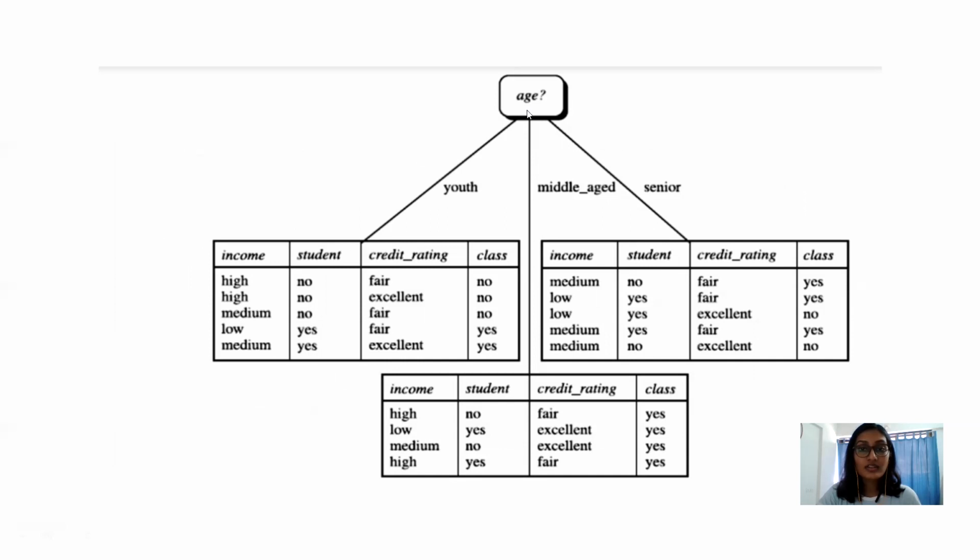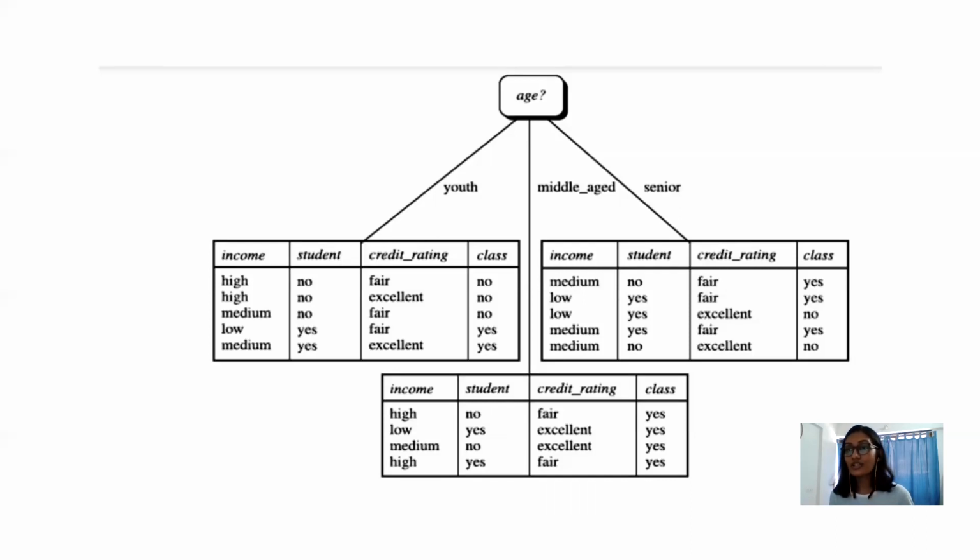And after dividing and splitting age into youth, middle-aged, and senior, we have these as our tables. Now for each of the tables that you are seeing over here, we have to again do the whole process of finding the gain. And that is how the whole tree is being made. So I hope this is clear to you.